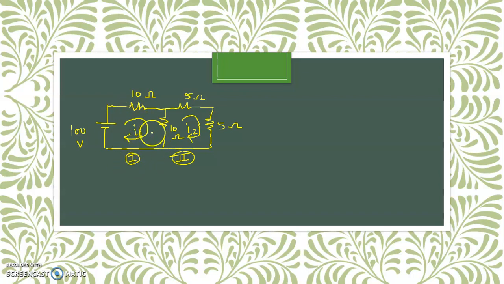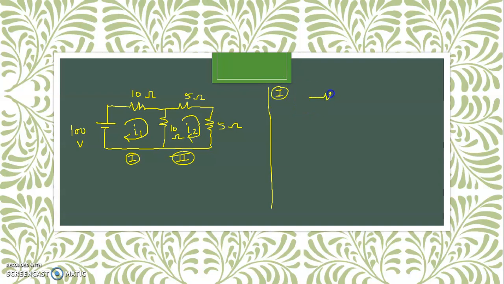Let us follow the first loop. In this particular loop, the elements which are present are, loop-wise, I just consider this. So I consider the first loop. Now what is loop 1 saying?